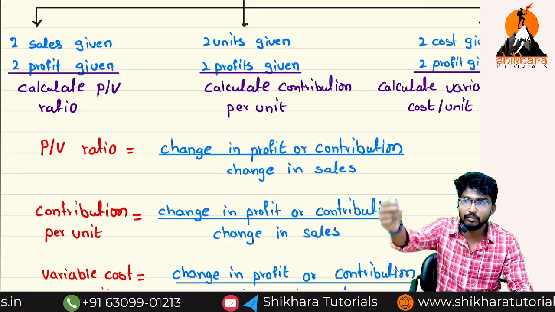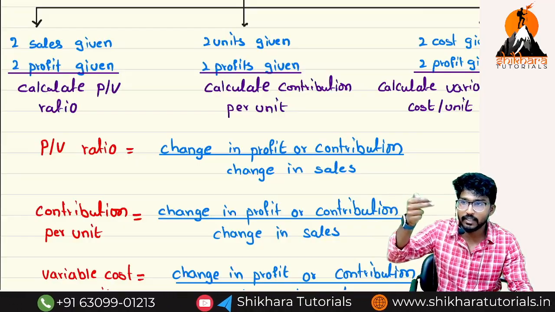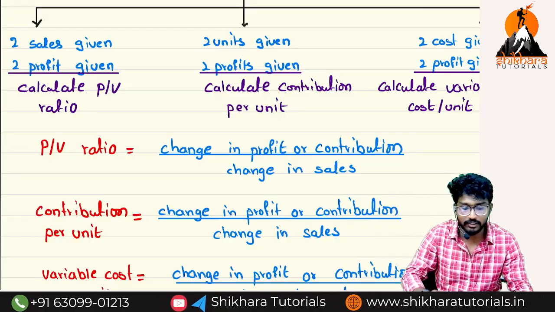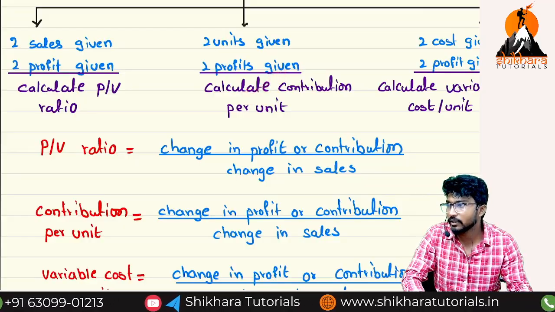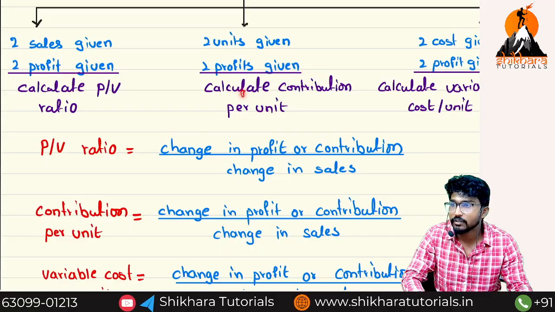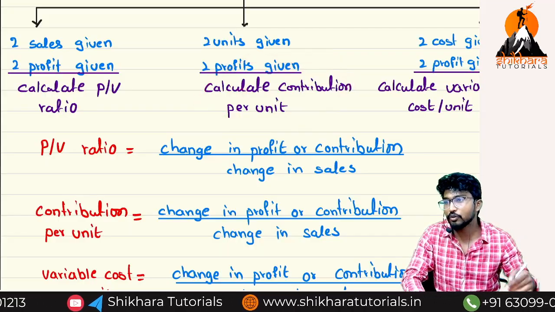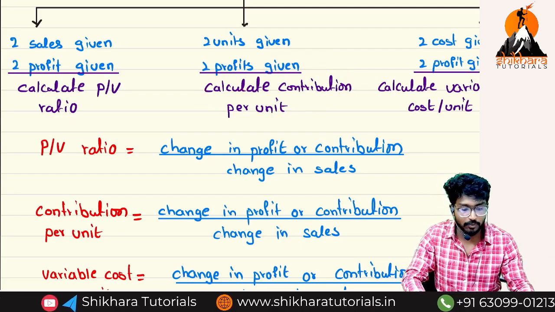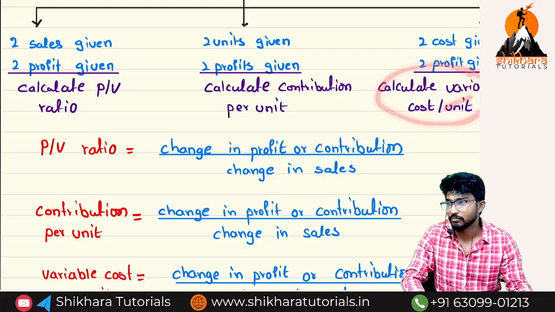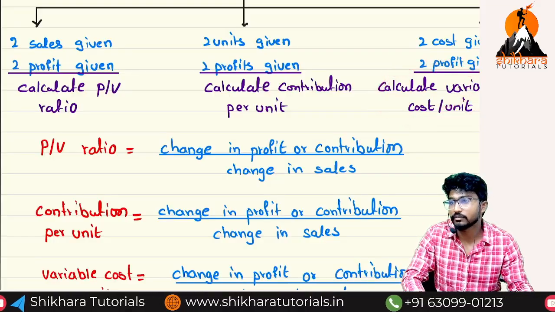Like if two periods' units are given, as well as two periods' profits, then it is possible to calculate contribution per unit. If two periods' cost is given and two periods' profit is given, then it is possible to calculate variable cost per unit.